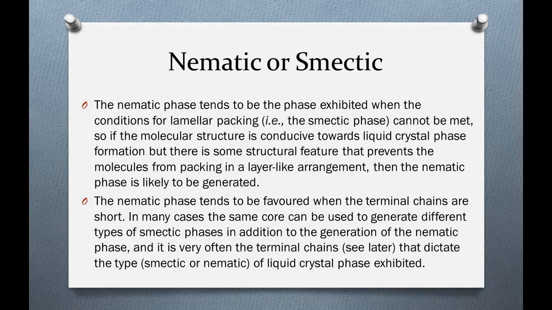If the structure does not encourage such layer-like arrangement, then the nematic phase is more likely to form. The common generalization is that the nematic phase is facilitated by relatively short chains, while longer tails tend to stabilize and give rise to lamellar arrangement.